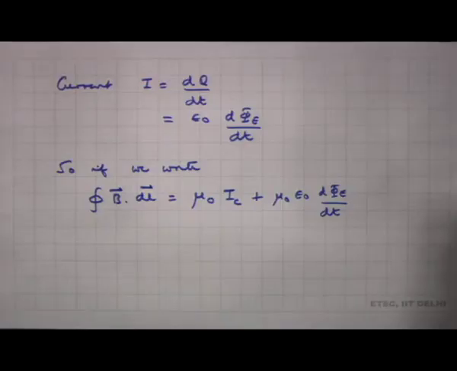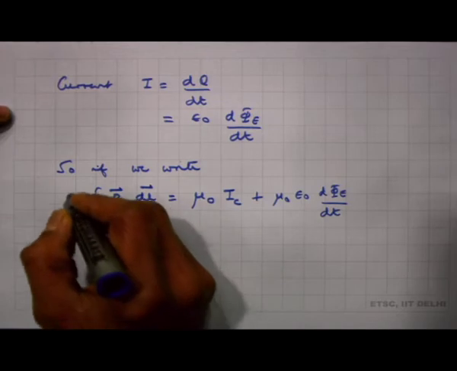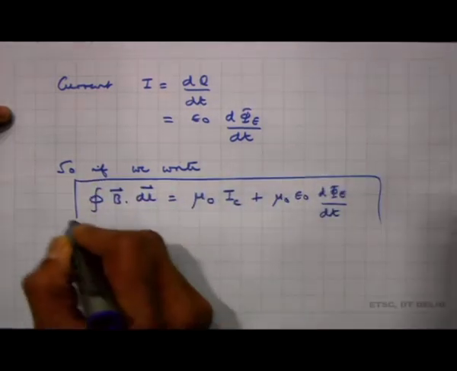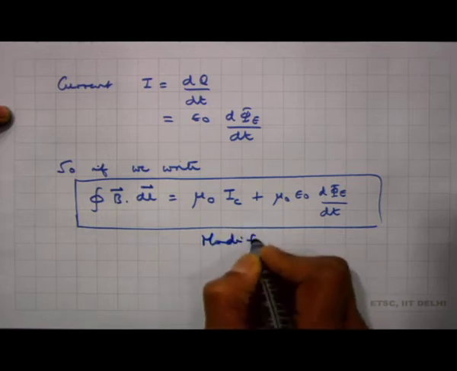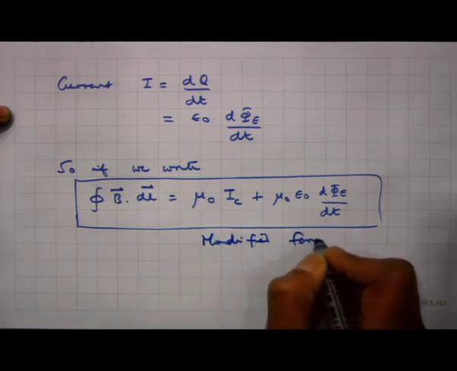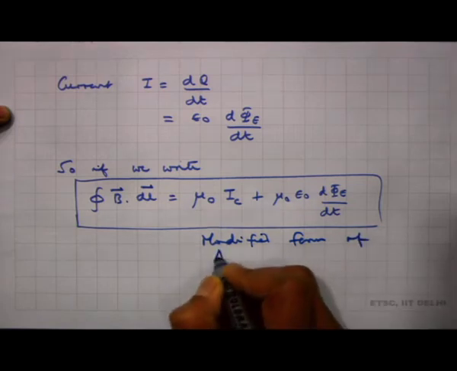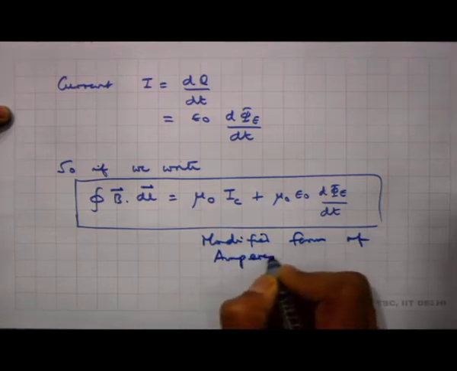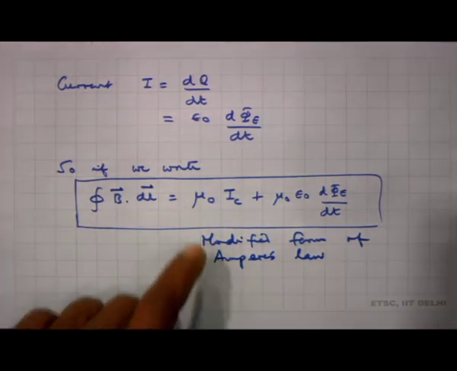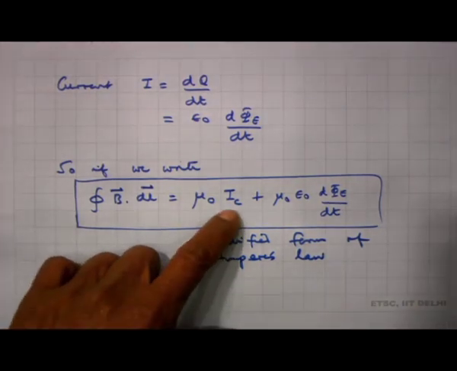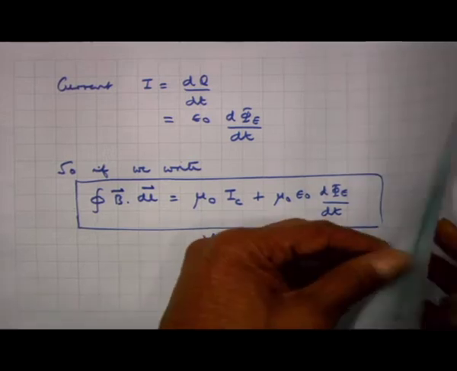So, this was the modification made by James Clerk Maxwell, and this equation is the modified form of Ampere's law. It includes two terms. One is called the conduction current term, and the second term is what is called the displacement current.